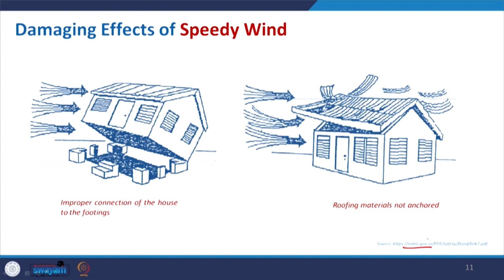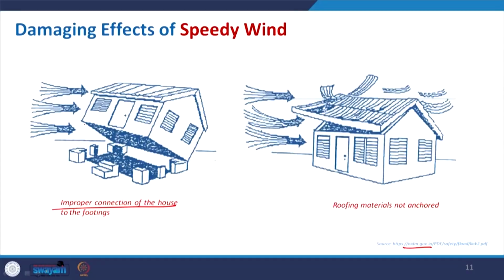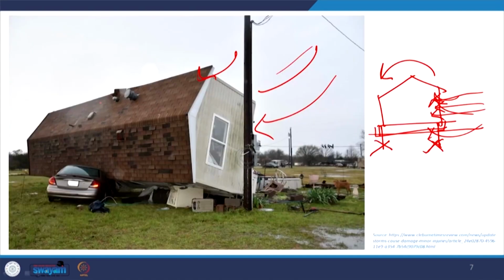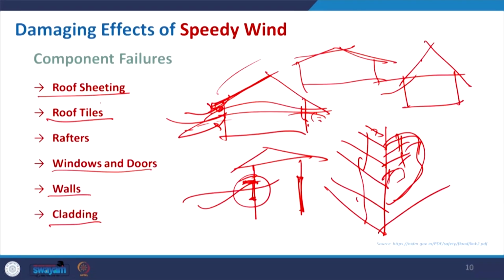In this case, if your house is not properly connected to the footing, so it does not have a proper foundation, then it will really turn this building. So, this building can totally turn off, and that we have seen in this case. I have shown you this figure. This is one example of this, where the building is not anchored with the foundation.